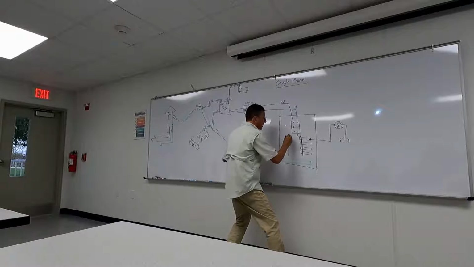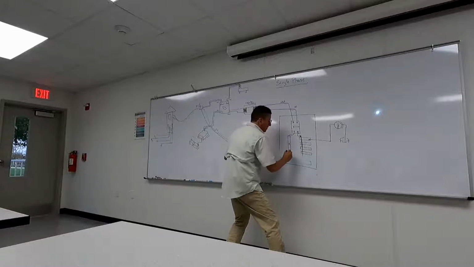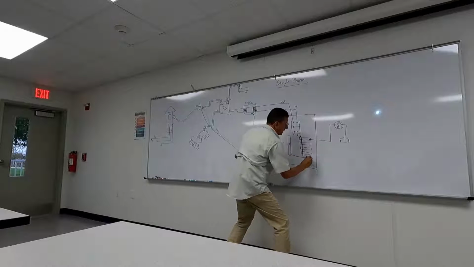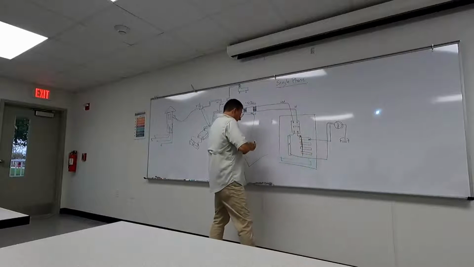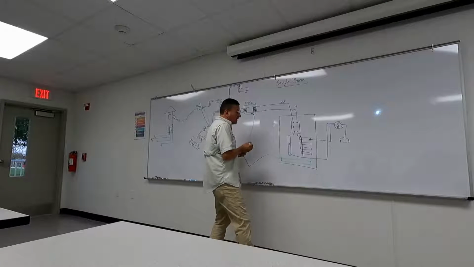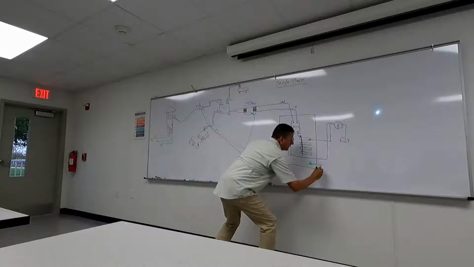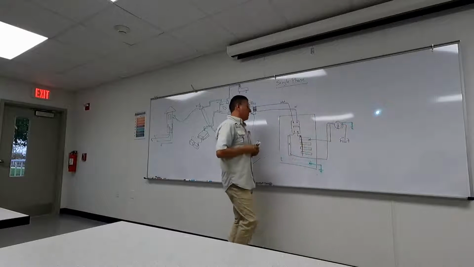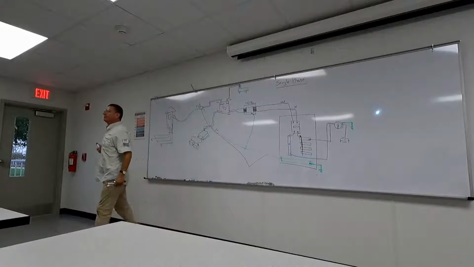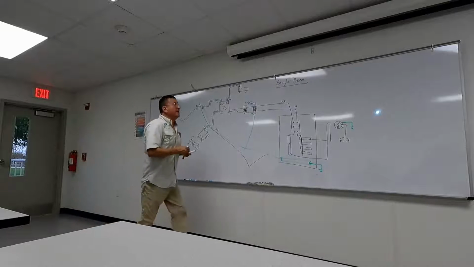Here is the neutral bus bar. One cable is coming from neutral, and the other one is connected here to the ground. Yes or no? Oh, I want to connect a light.